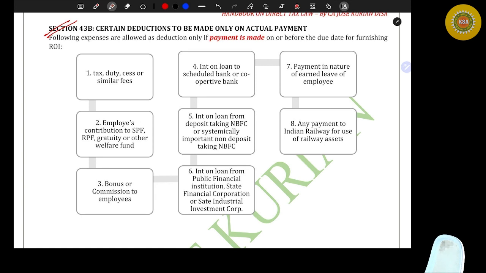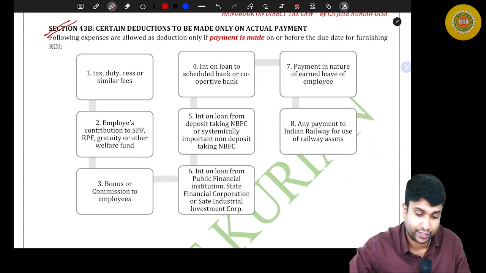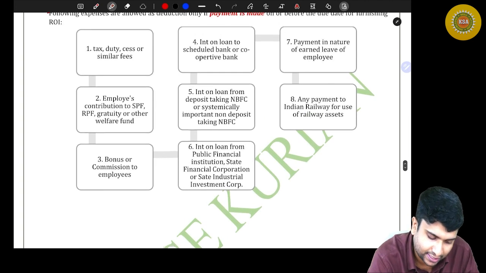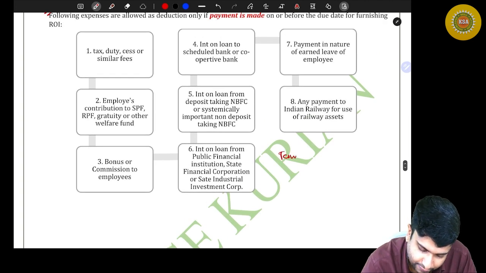Irrespective of the method of accounting that you follow, the following items, if you want to claim it as a deduction, you have to actually make the payment, at least on or before due date of filing your return in that respective year. Are you with me? What if you are not making the payment on or before due date of filing return? There will be a disallowance, and that disallowance will be a temporary disallowance. Okay, I forgot to add that point. Why temporary disallowance?